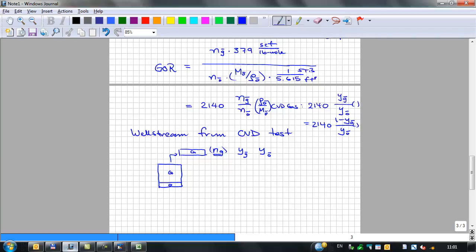It'll take the actual full component slate and use those recovery factors and tell us the mole fraction of Sg and the mole fraction of So. But in reality, we only need one mole fraction, the oil mole fraction.